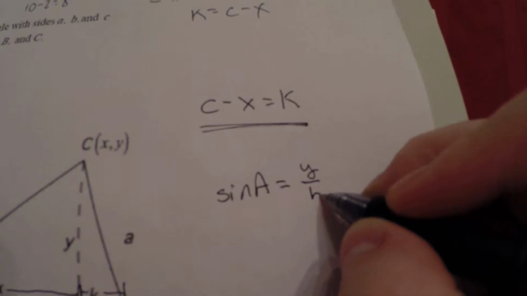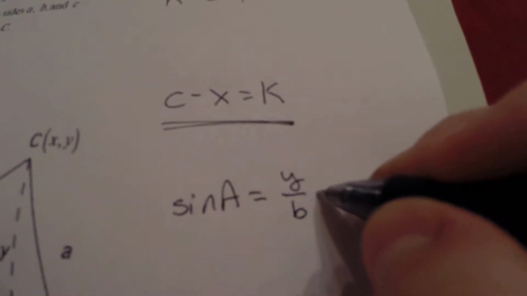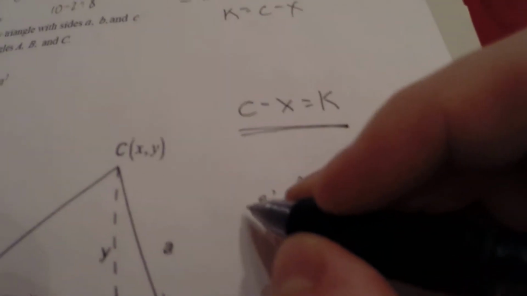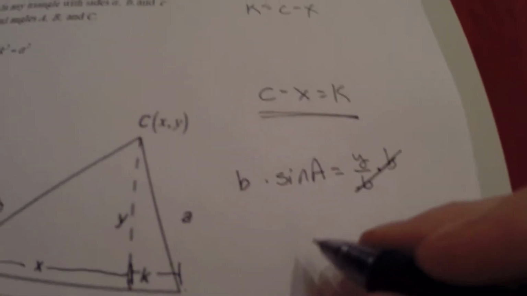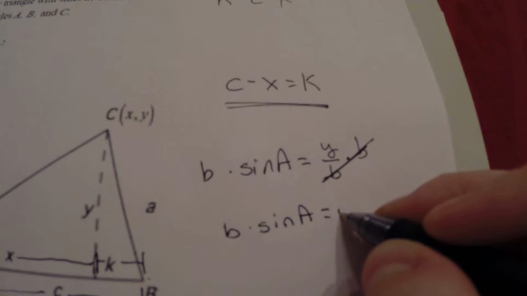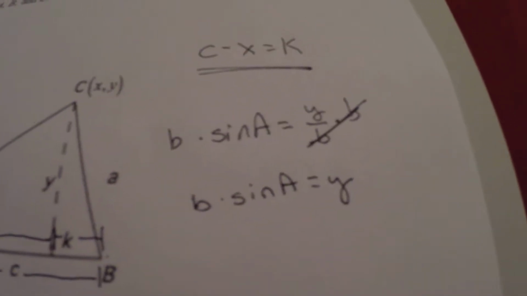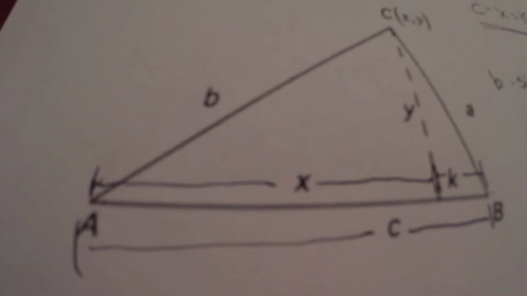This is also why we spent some time going over the law of sines, because this technique was used first in the law of sines. So if you have not watched the law of sines video, maybe you go through that and watch it. Plus, I spent about 2 minutes philosophizing about why proofs are important, and that's awesome. Okay, so b sine A is y.